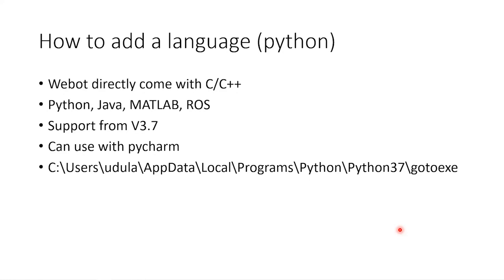Java is mainly focused on web development and web-based applications. MATLAB is pretty good at handling matrices, so if we are going to do matrix calculations, we can use MATLAB. ROS is a robotics-oriented system, specially for robotics. So if you would like to learn robotics, this is a pretty good one to learn.